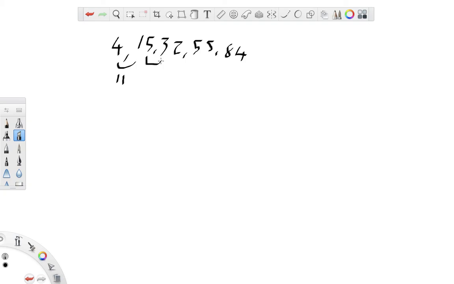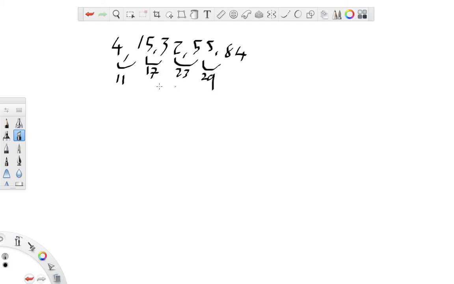Then 32 minus 15, so the difference between those is 17. And the difference between 55 and 32, that's 23. And then the difference between 84 and 55, that is 29. So that's our first difference.